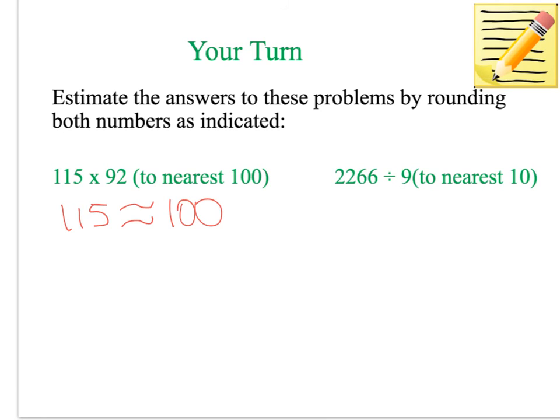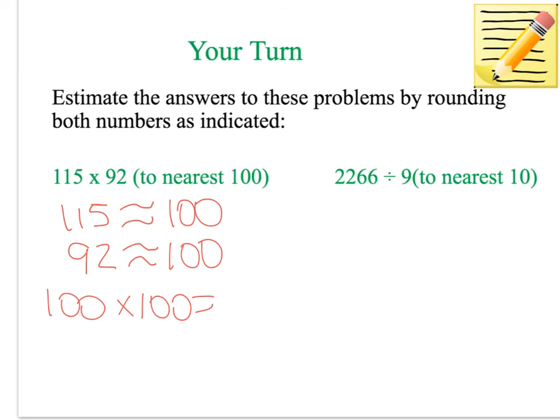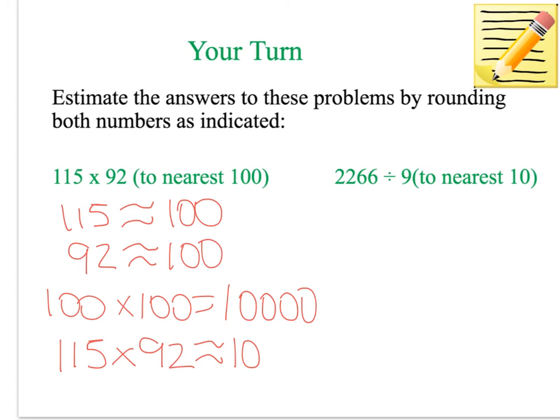Then the 92, so approximately, when we're looking at hundreds, it's rounding to 100 as well. 100 times 100 equals, a 1 with 4 zeros. So 115 times 92 is approximately equal to 10,000.